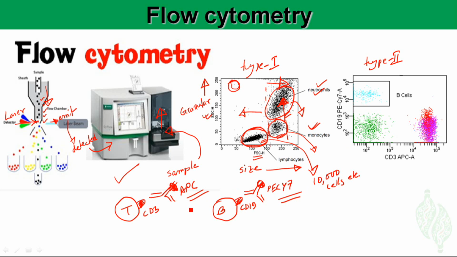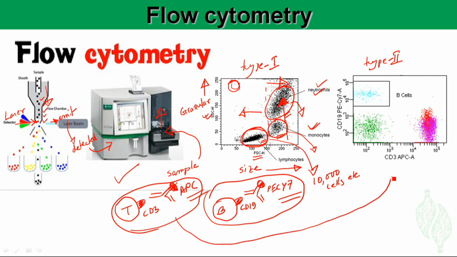Here you can see the CD3 and the CD19 are tagged with defined fluorochromes, like the CD3, which marks T lymphocytes, tagged with APC, and the CD19, which is tagged with the PE-Cy7 fluorochrome, marks the B cells.